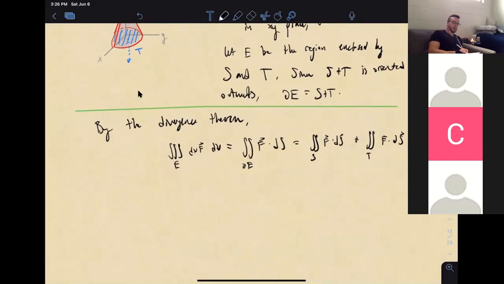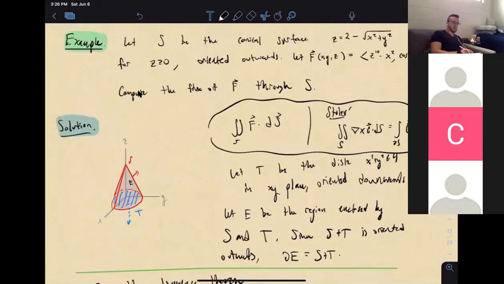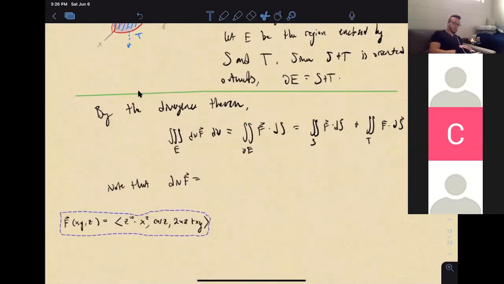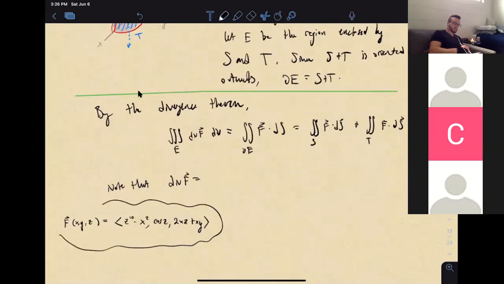Anyway, let's compute the divergence of F. I forget what the vector field is, so.